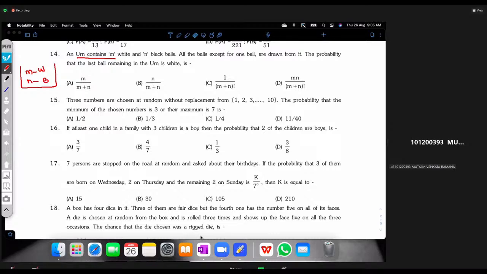So they are asking only that the last ball has to be, so one white ball needs to be. So you are picking first one, second one, third one, but finally there should be one ball.